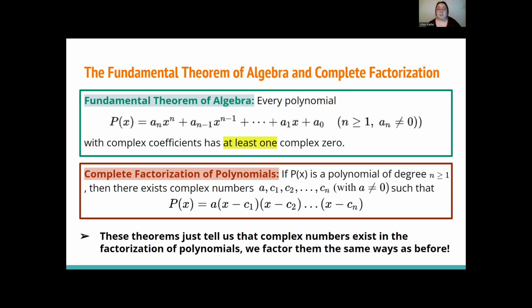So these theorems just tell us that complex numbers exist in the factorization of polynomials that we've already seen. Every formula and method that we have for factoring polynomials is going to be the exact same as before. It's just that now we're saying that complex numbers can exist as well.